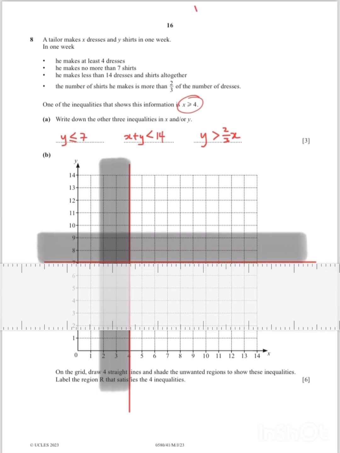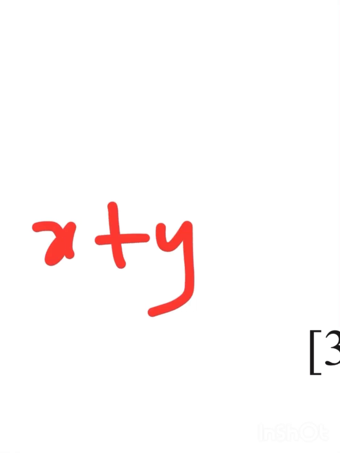Then the other one, it says X plus Y is less than 14. So if we want to plot this, we have got to find the coordinates. So we'll say X plus Y is equals to 14.